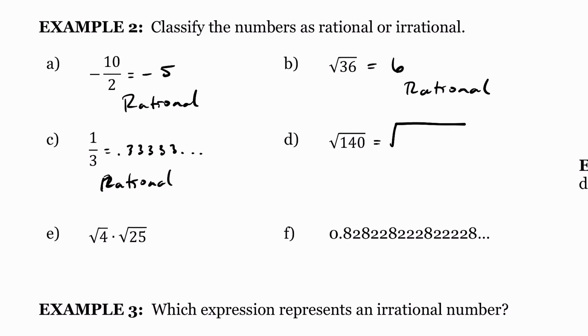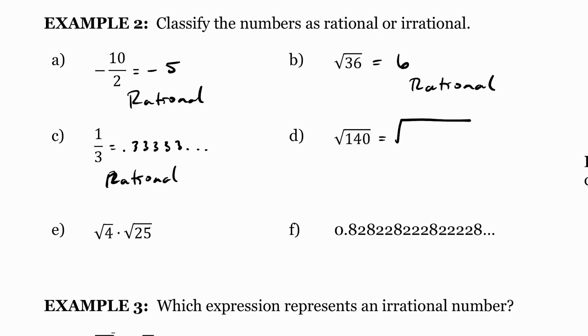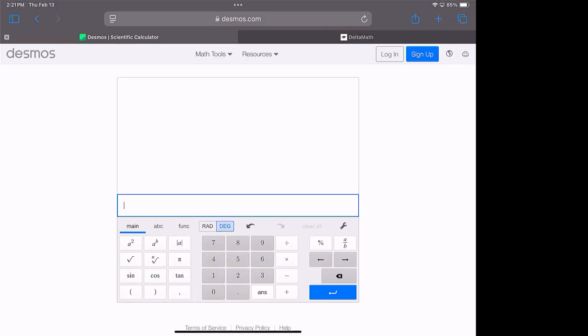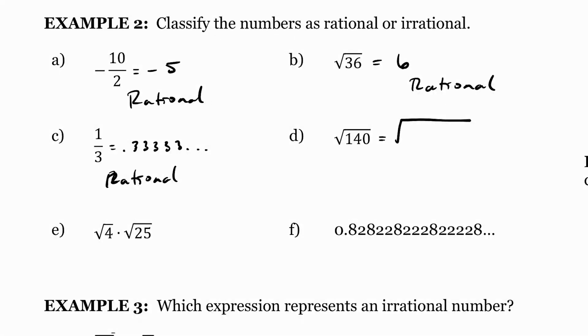I believe 4 is the biggest number from that list that goes into 140. 140 divided by 4, yes. Since it has a square root, the square root of 4 is 2. 35 has to stay because none of those numbers on the list go into 35. So it's 2 times the square root of 35.